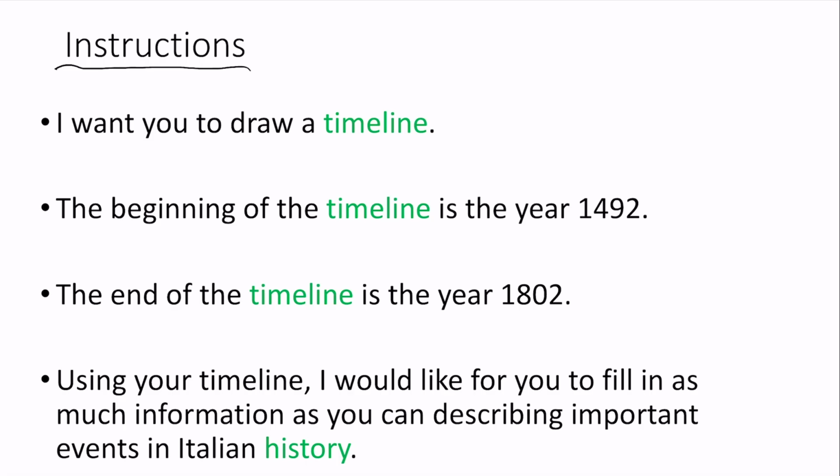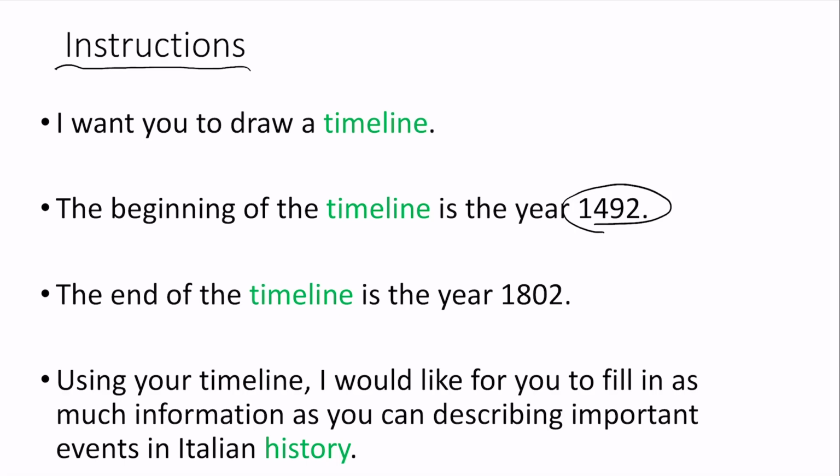In this timeline, we'll begin with 1492. And the timeline will end at a specific time. Here, in this exercise, our timeline will end in 1802. So, when you draw your line, I want you at the beginning to write 1492, and at the end, I would like for you to write 1802.